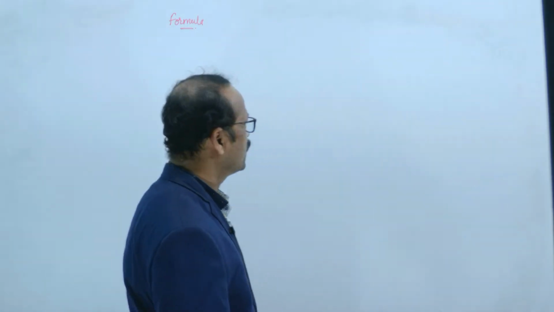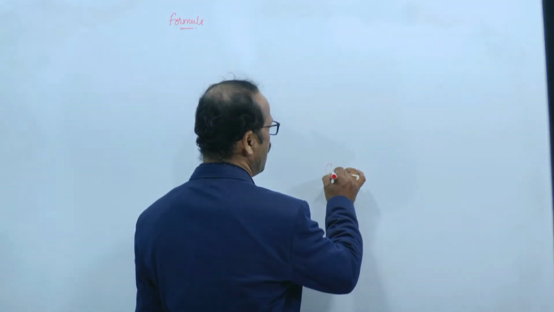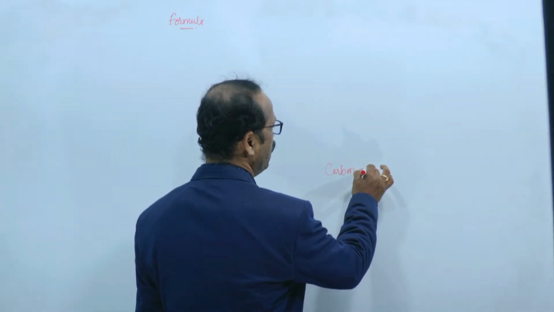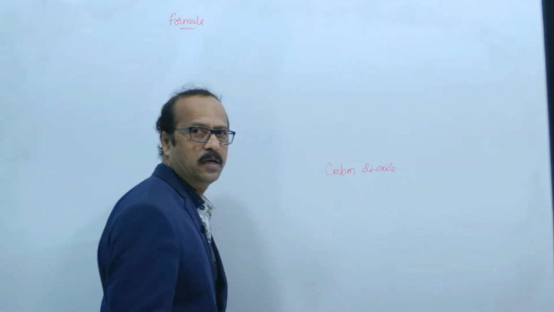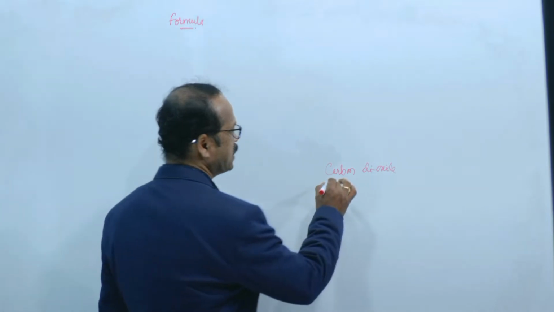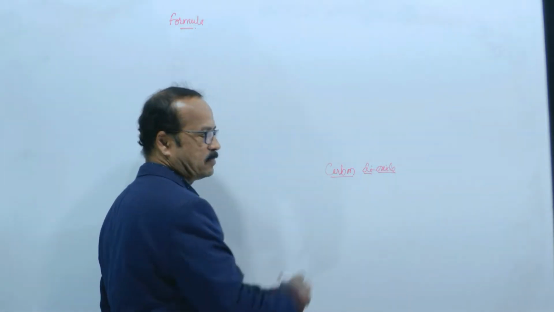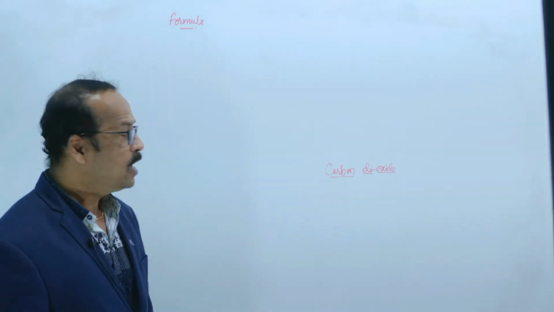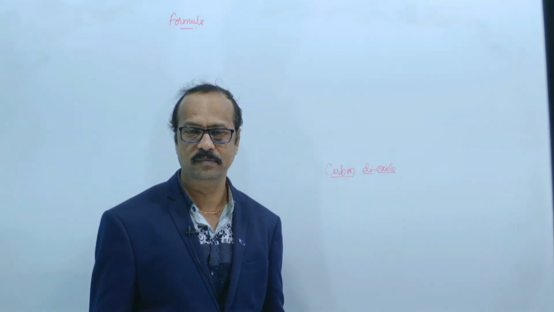Very simple. For example, carbon dioxide. This is 6 plus 5, so a total of 13 letters, carbon dioxide. Now instead of writing 13 letters, we can complete it within 2 or 3 letters.